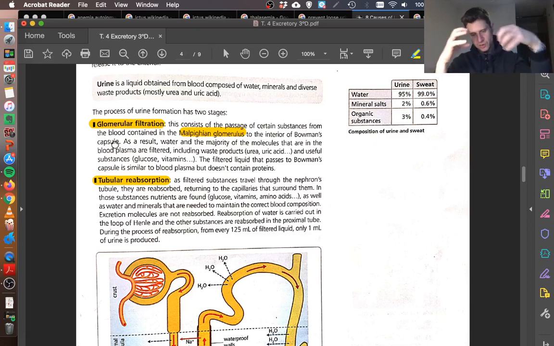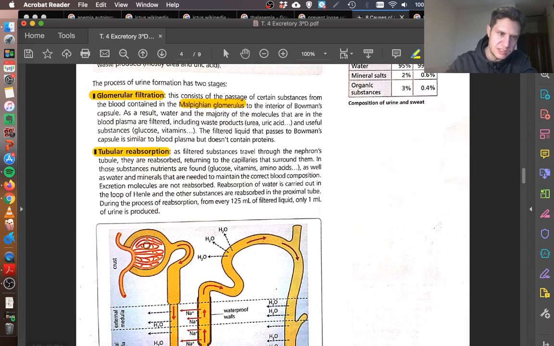So there are two parts that link together. As you can see here, this is the Malpighian glomerulus, and this yellow conduct is part of the Bowman's capsule.